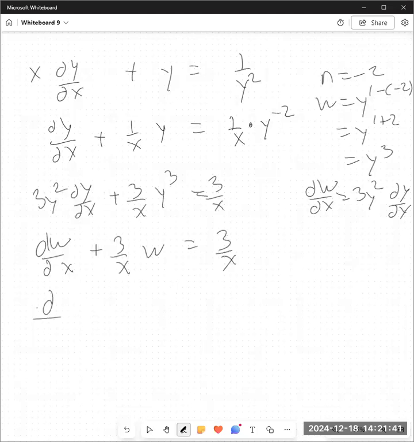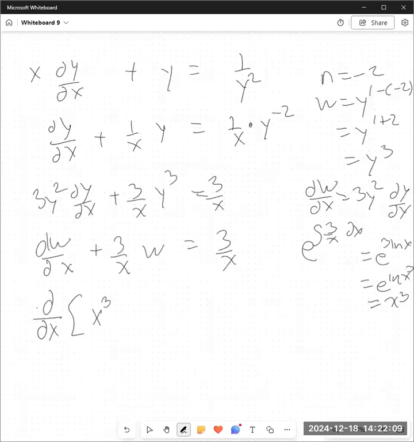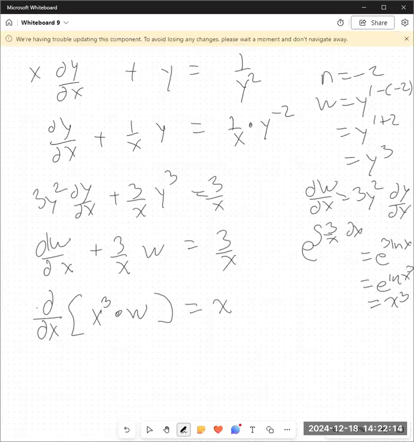So we're going to take our magic step where we write the integrating factor, e to the integral of p(x) dx, as e^(3 ln x), which is equal to e^(ln x^3), which is equal to x^3. So we have x^3 times w is equal to x^3 times 3/x.